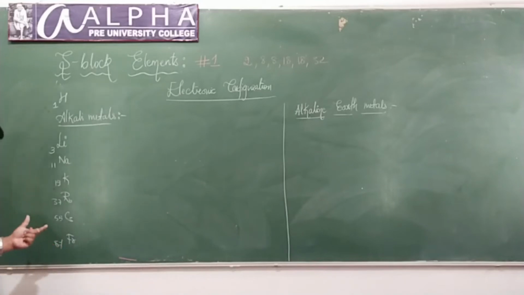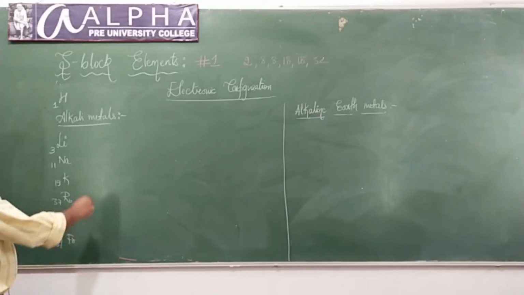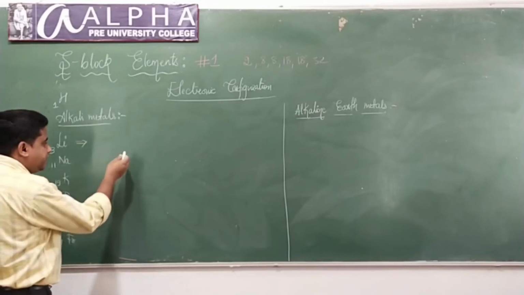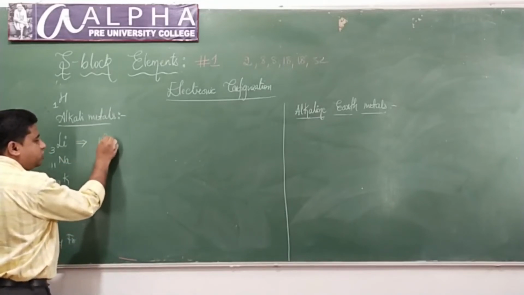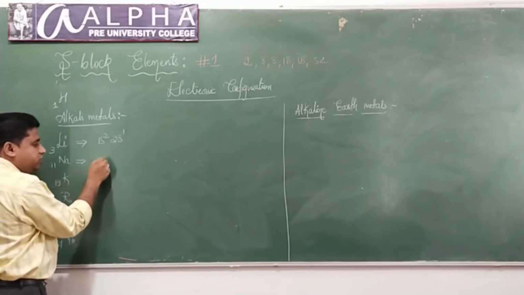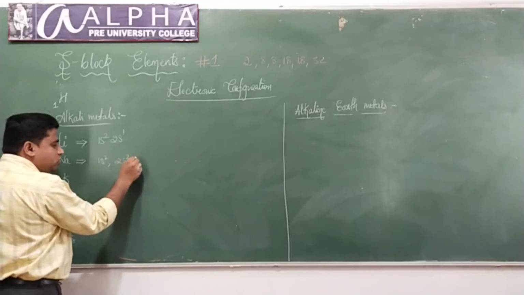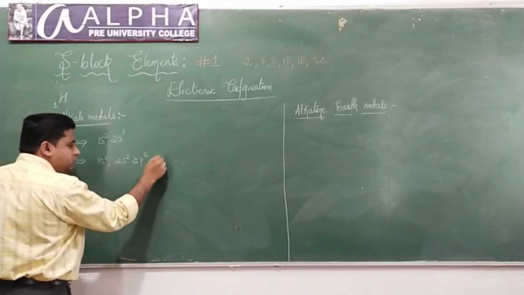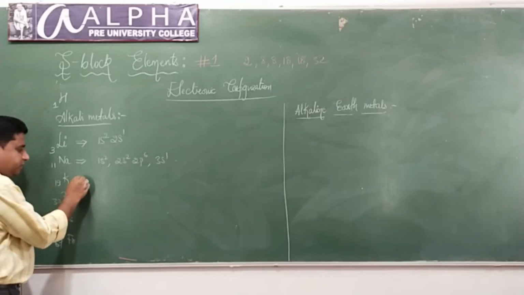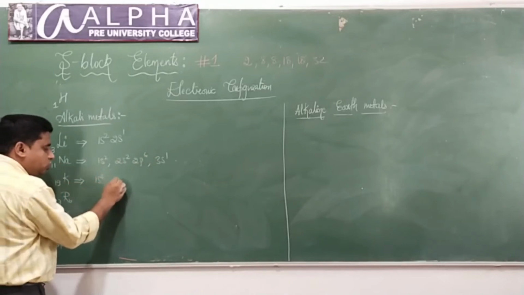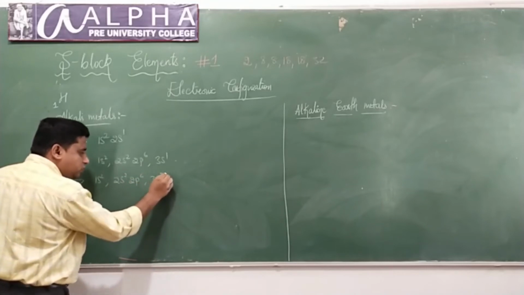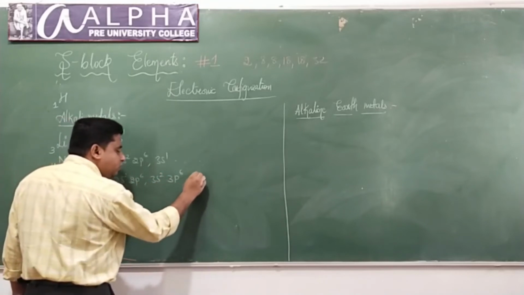Now let us write the electronic configurations. Lithium is 1s2, 2s1. Sodium is 1s2, 2s2, 2p6, 3s1. Potassium is 1s2, 2s2, 2p6, 3s2, 3p6, 4s1.